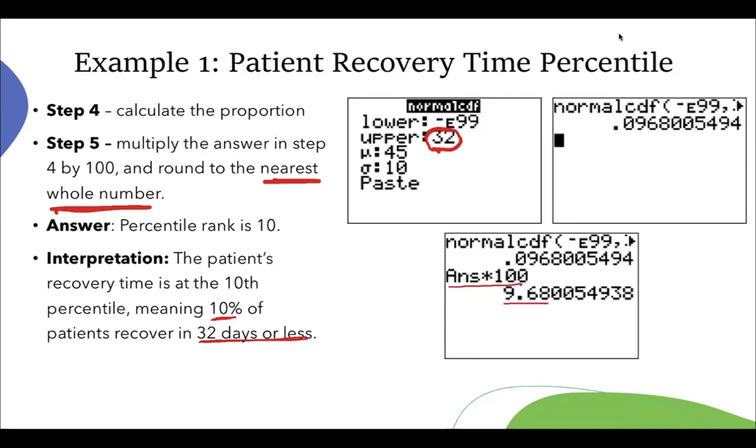So the percentile rank, and I'm going to add here, the percentile rank of 32, just to emphasize that we're finding the percentile rank for the value 32. The percentile rank of 32 is 10, and that patient, with recovery time 32, is at the 10th percentile, meaning that 10% of patients recover in 32 days or less.